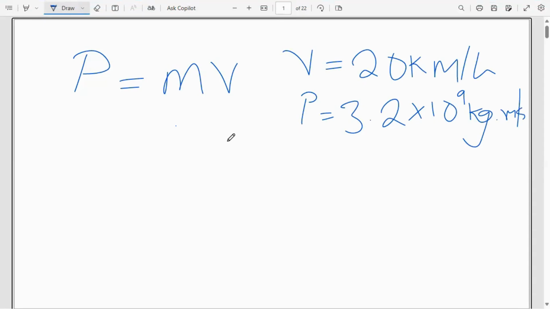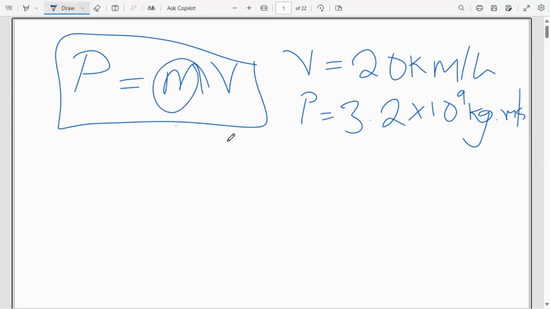If we have this formula, how can we extract the mass of this ship? We're going to make M, the mass, the subject of the formula. M is equal to P, the momentum of the ship, over the velocity, V.